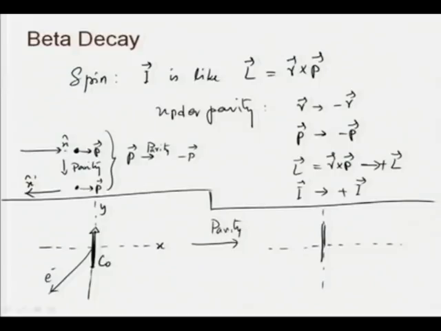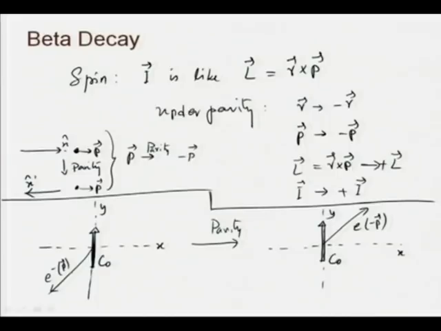So, cobalt spin remains the same in the same y direction, but the electron's momentum is reversed, which means that the direction of emission of the electron is reversed now, which is the other direction, the direction which falls in the first quadrant. Okay. If the first one has momentum p, then the new parity reversed electron will have momentum minus p.